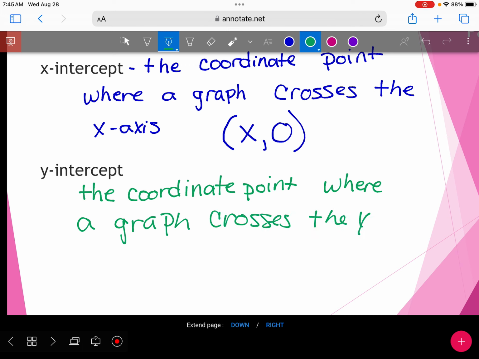It crosses the y-axis. And its ordered pair, it's not that I know the y this time. This time I know the x. It's going to be written as 0, comma, y. Because if it's on my y-axis, I know it's on that up and down one. All I care about is its height. It's at a 0.